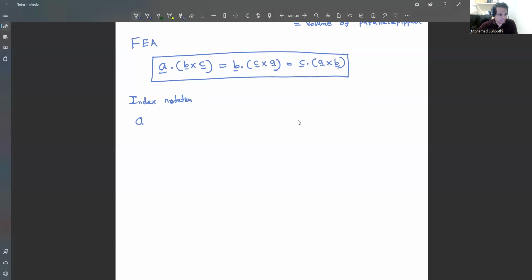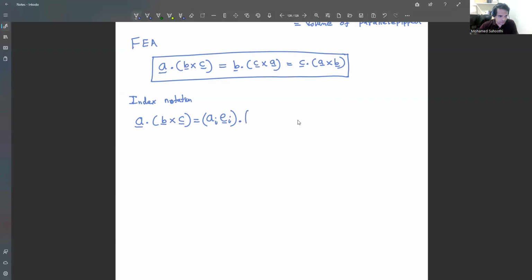So let's take A dot B cross C. Now we will write in index notation: A_i e_i, the first one. Dot.